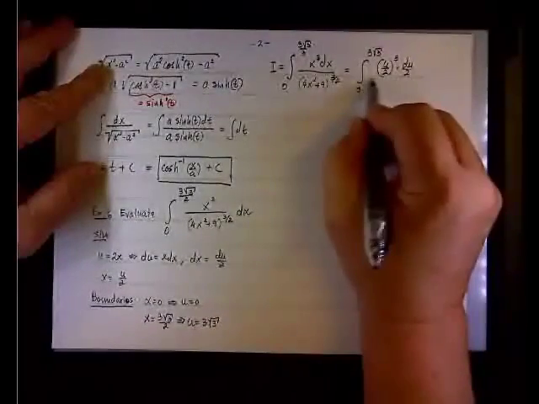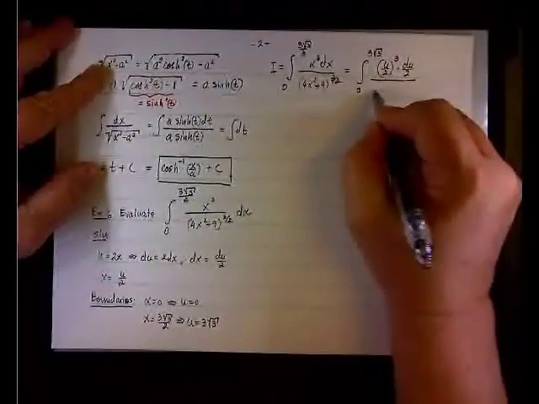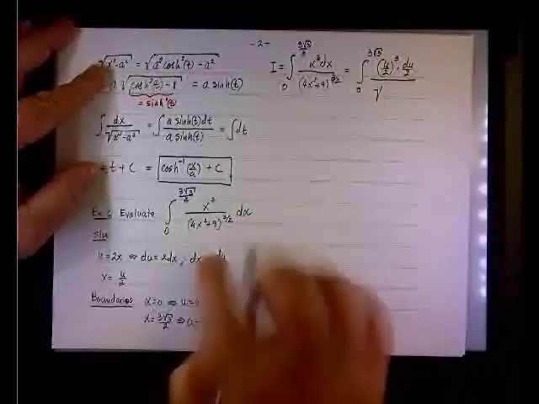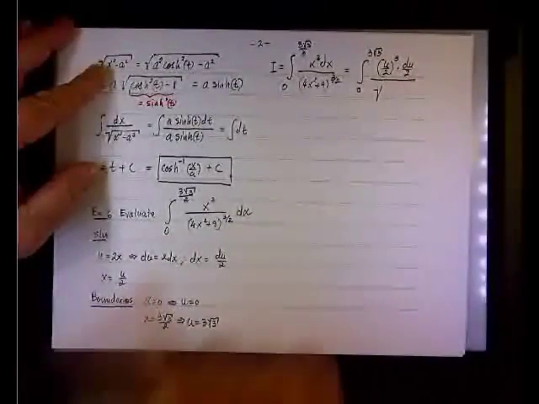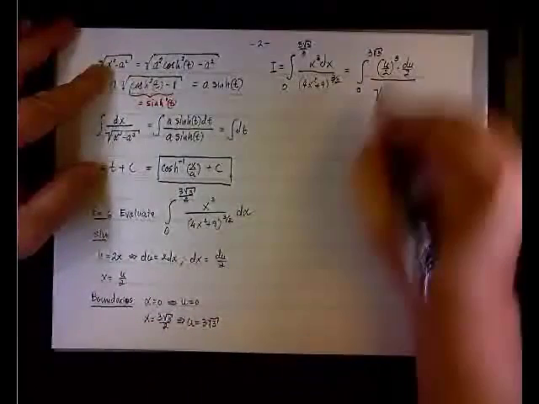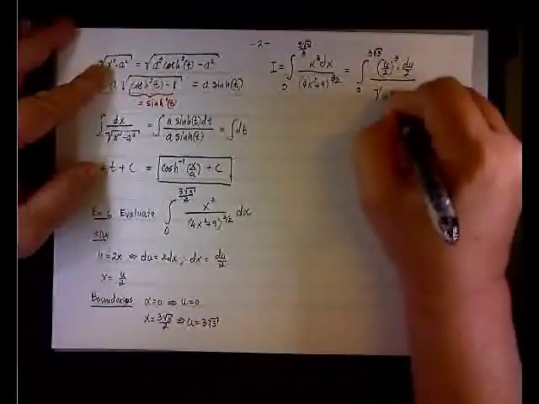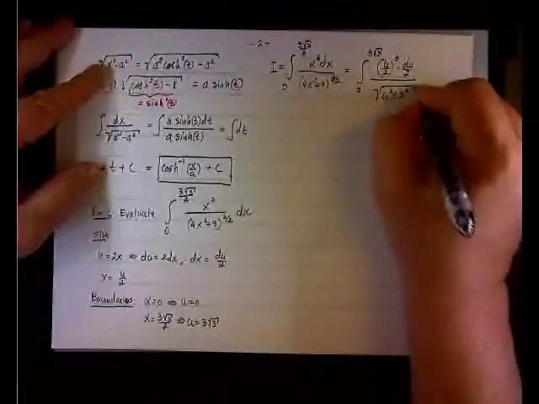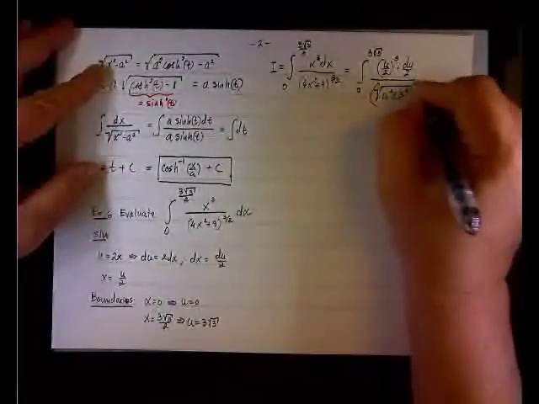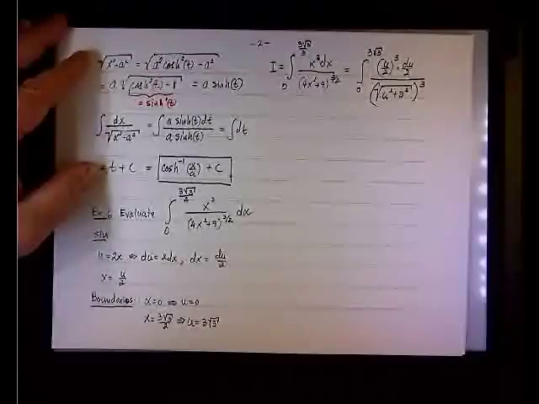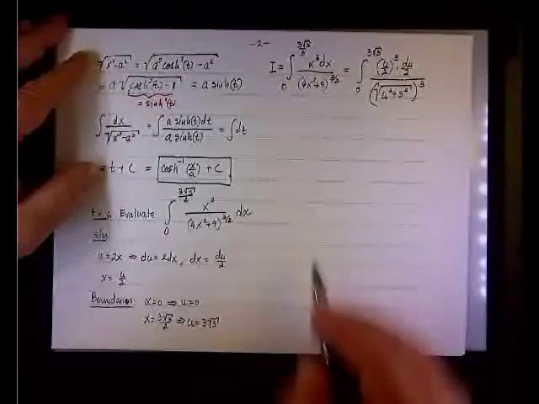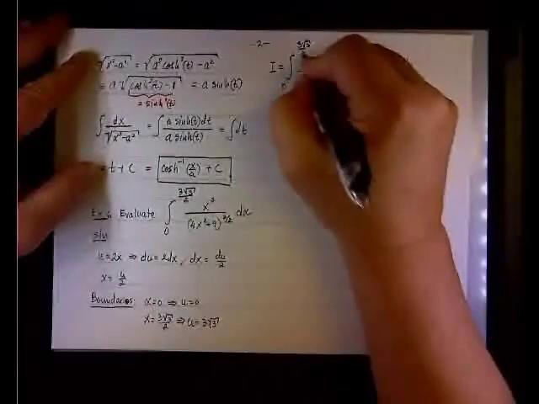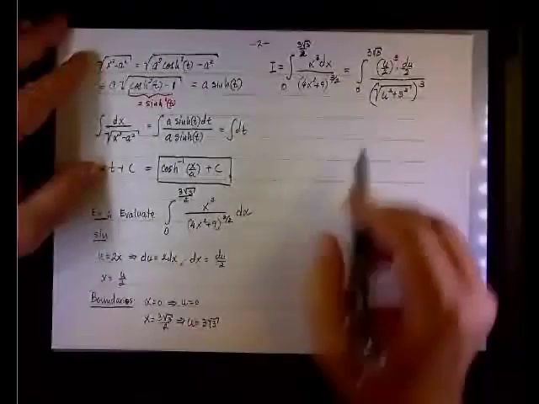The denominator will be, instead of 3 halves, the square root. Instead of 4x squared, I have u squared plus 9, or I can write it as 3 squared, and then cube the whole thing. On the integral, you have 3 square root of 3 over 3. Do you mean that to be 3 square root of 3 over 2? This is over 2, I'm sorry. Thank you.